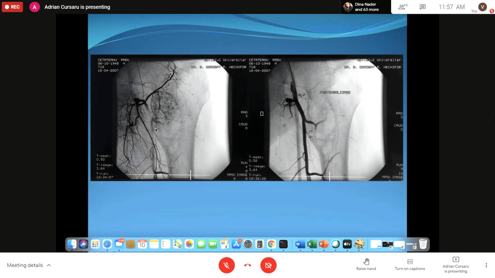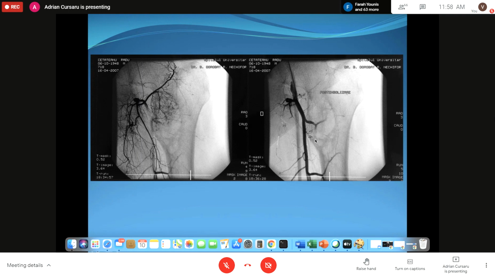That's an image when we are making the arteriography, and you can see that here we have a pedicle and we have a very good vascularization of our bone tumor. After the embolization, you cannot see that very good vascularization anymore.